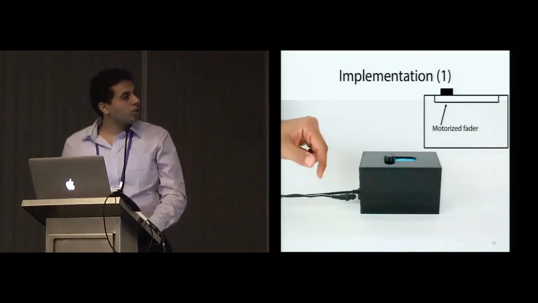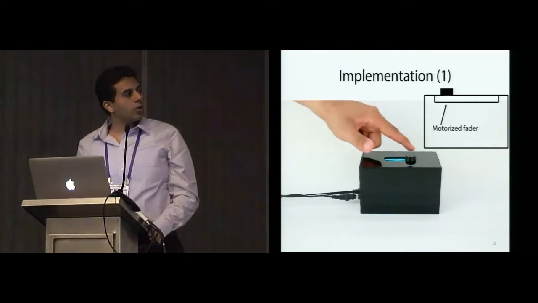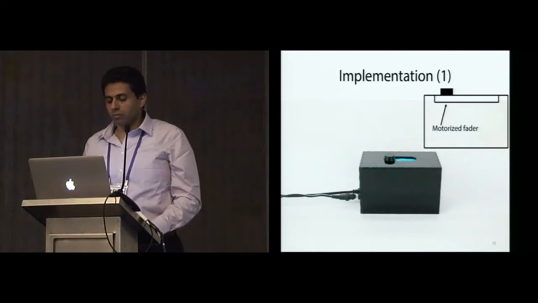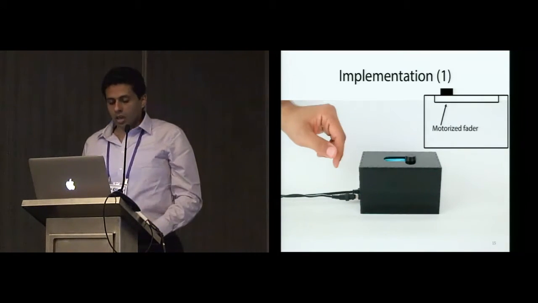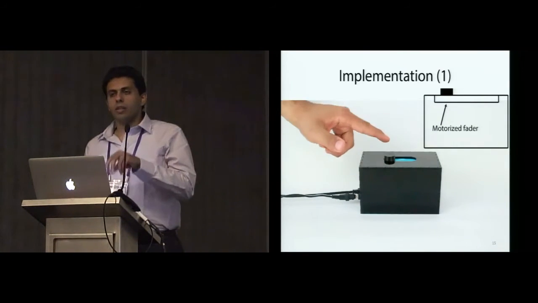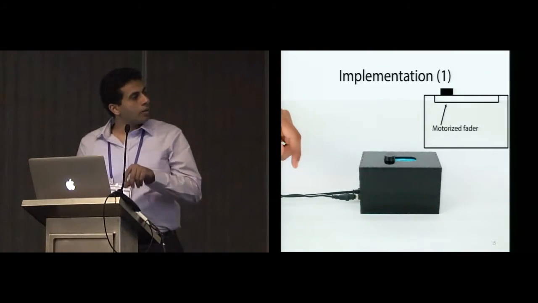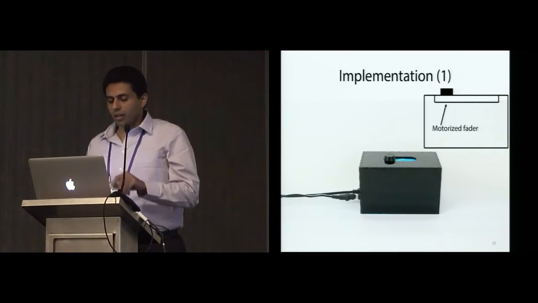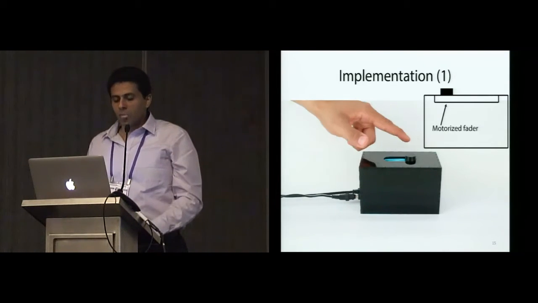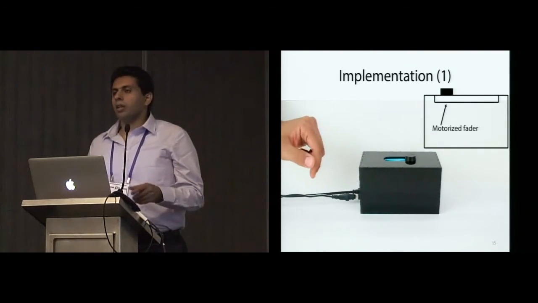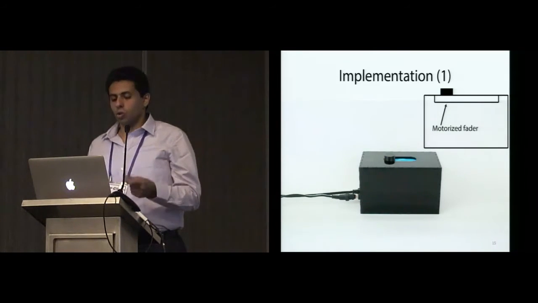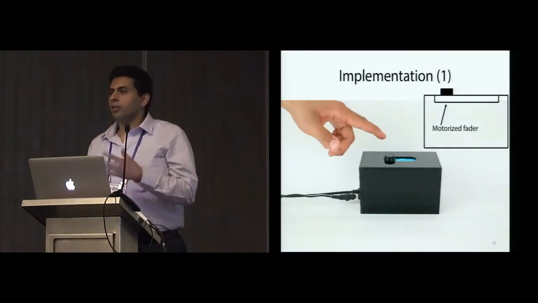As for some of the implementation details, for the mechanically actuated button, we used a motorized fader that could be found in some sound mixers. We added a 3D-printed handle on top of it and coated it with conductive ink so we can detect capacitive sensing. We used an Arduino board to control the motion of the handle and also for sensing the touch interactions.